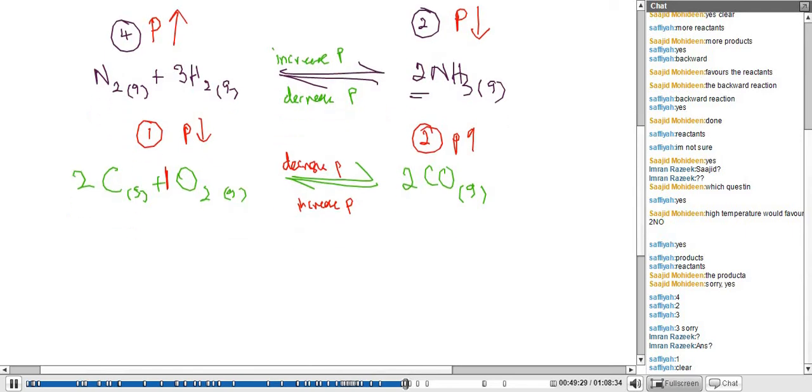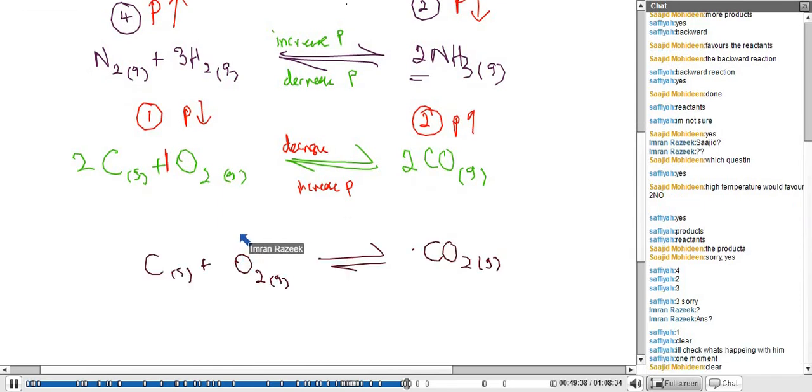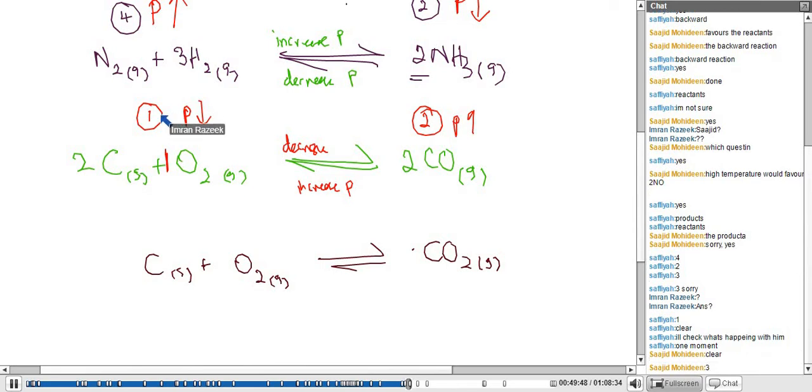Another example. At the reactants, how many gaseous molecules? I'm surprised how this 3 came here. You have to count the number which is in front. There is no 2 here.